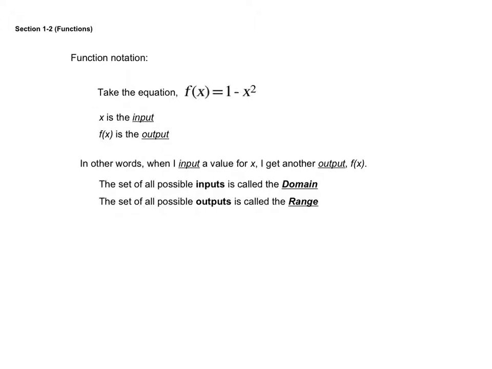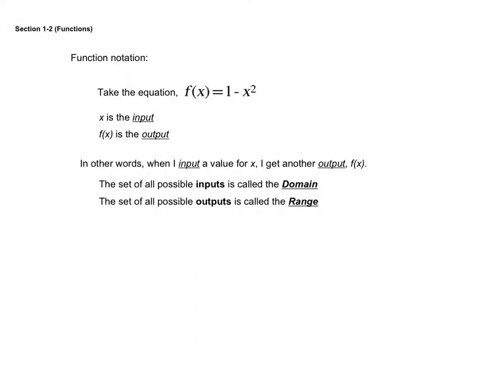All right, let's look at notation some more. First of all, let's take the equation f of x equals 1 minus x squared. X is my input, and it is an element in the domain. F of x is my output, and it is an element in the range.